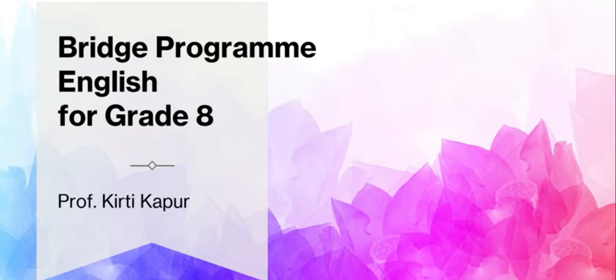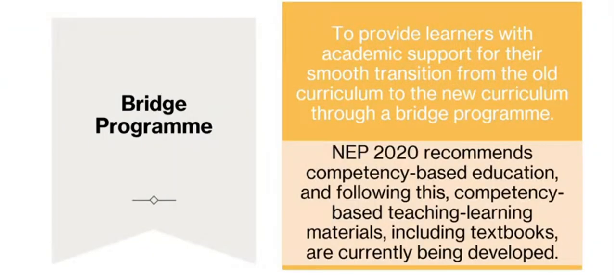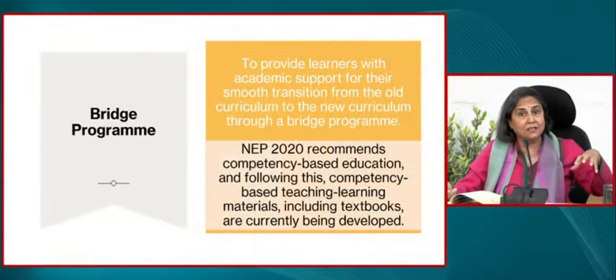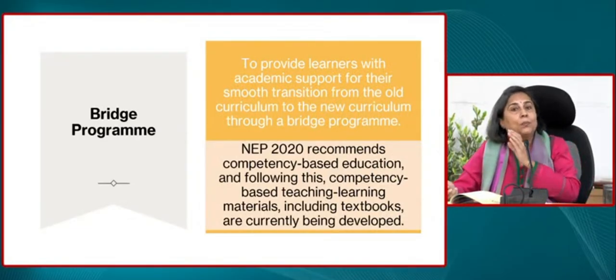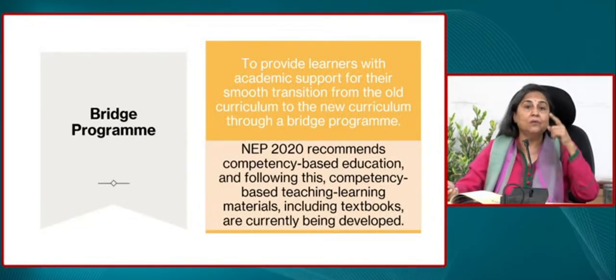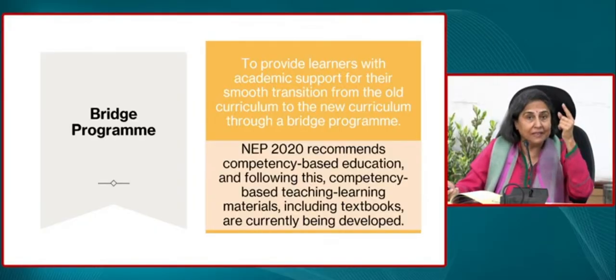In grade 8, bridge program, you will find there is a similarity of activities. Children can learn. See, class 6 also we have thematic units, class 7 also. And activities are competency based so that we are able to cover the learning outcomes.